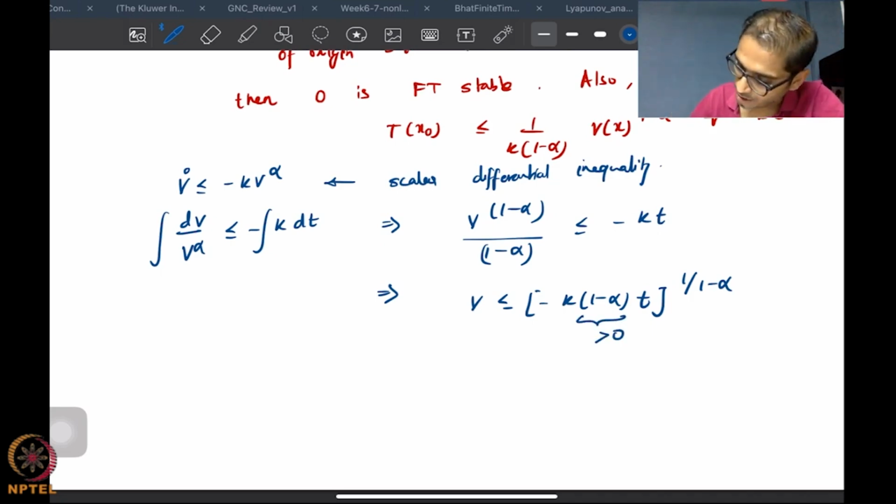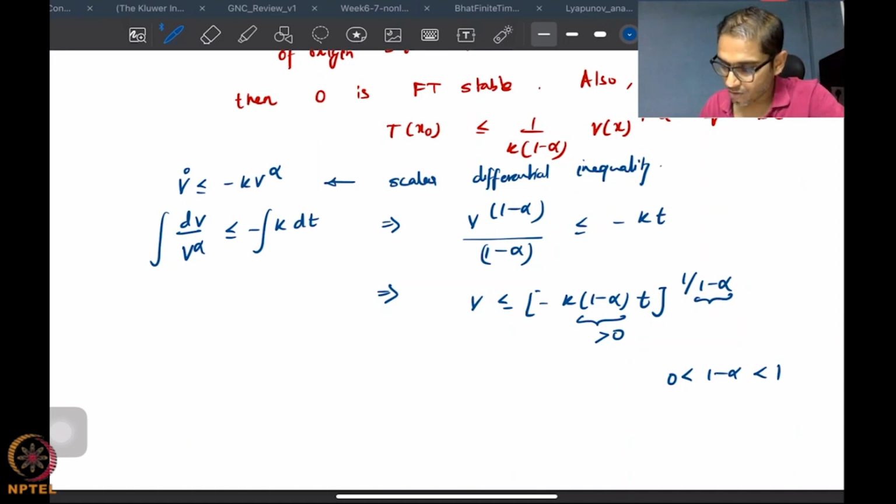So this is strictly positive, and therefore this is strictly positive as well, right? In fact, one can very easily show that 1 minus alpha strictly lies between 0 and 1 as well.